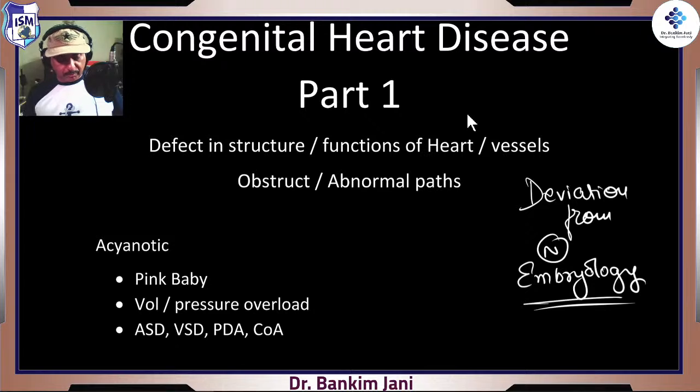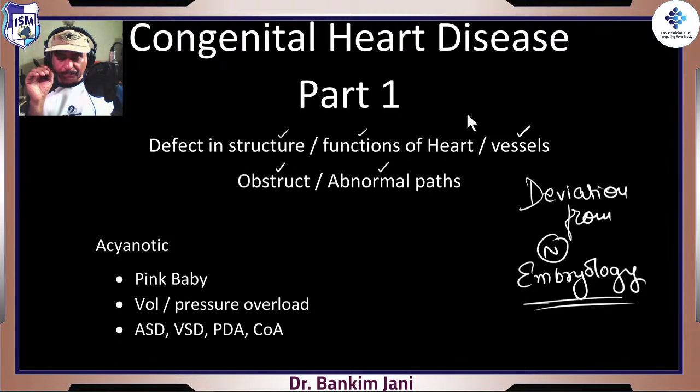So what can go wrong? Some defect in the structure, right? Or some function is affected, or some vessels are involved. Those vessels which should remain open are obstructed, or those which should be obstructed remain open, forming the abnormal path. So that's it. Everything would revolve around these concepts.